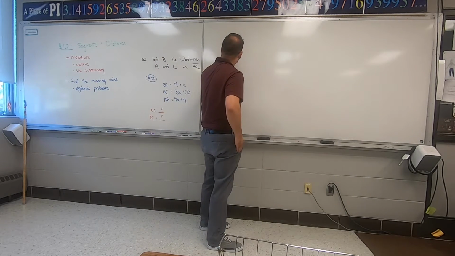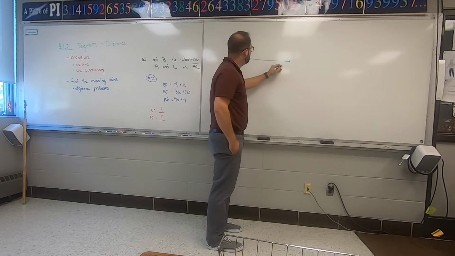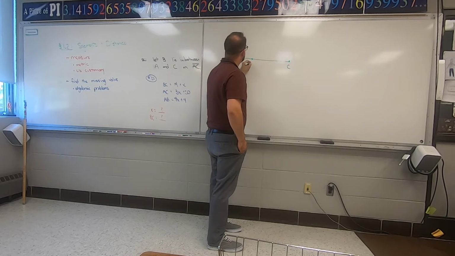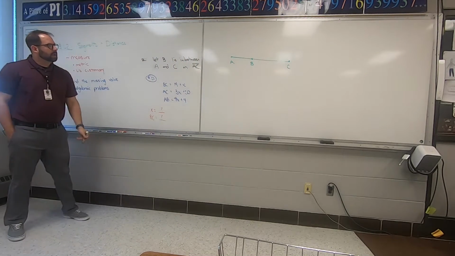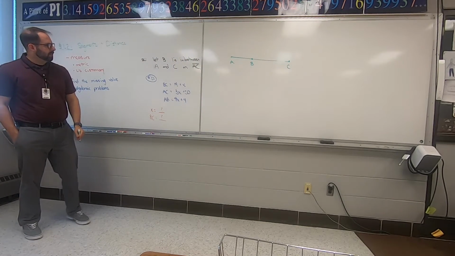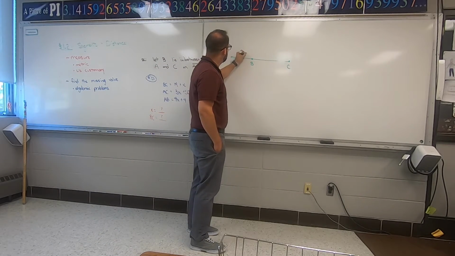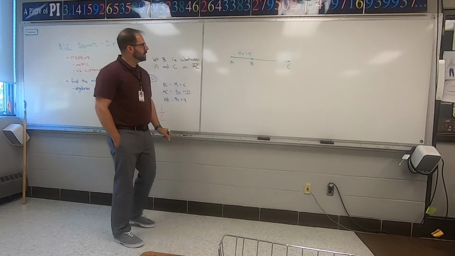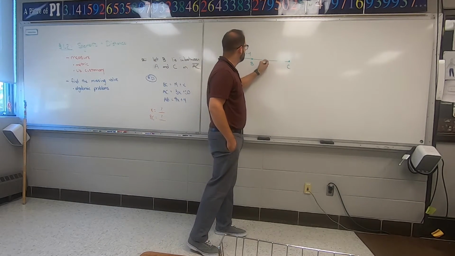Some of you will figure out the lettering system and you'll figure out the shortcuts for that. Here's A to C, B is somewhere in between it. Don't care where, because it's what the instructions say. Okay, AB, what is AB up here? It's 4x plus 4. Okay, there's that part. BC, 14 plus x.